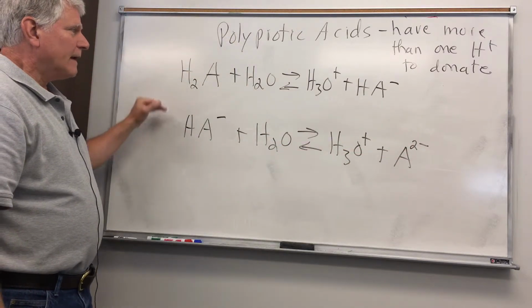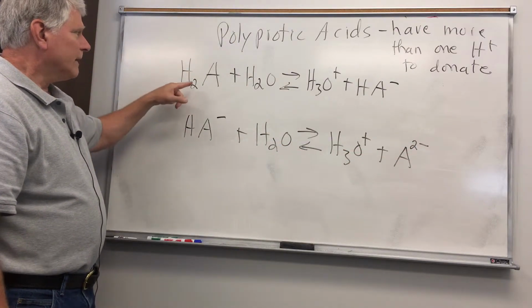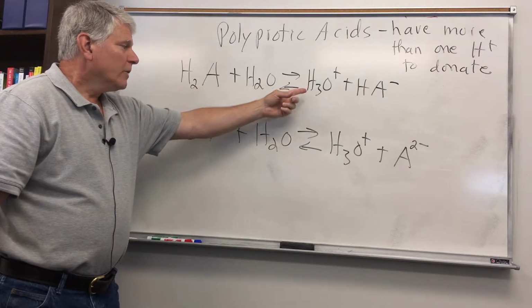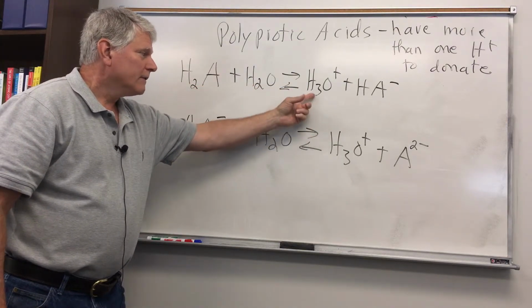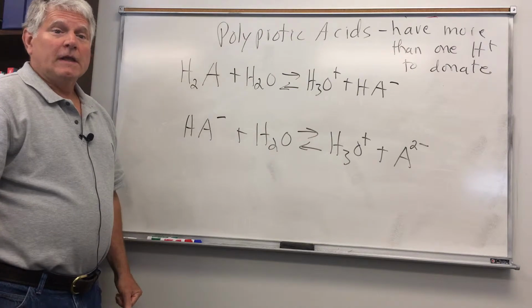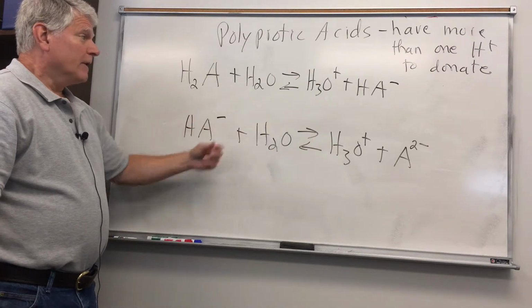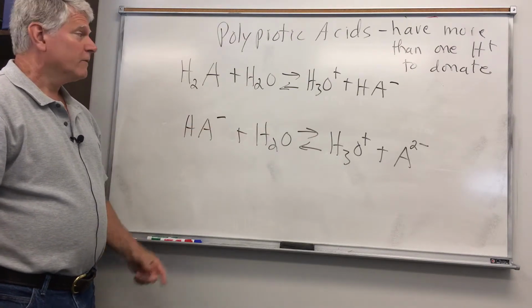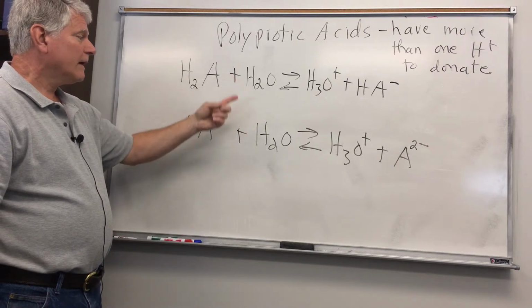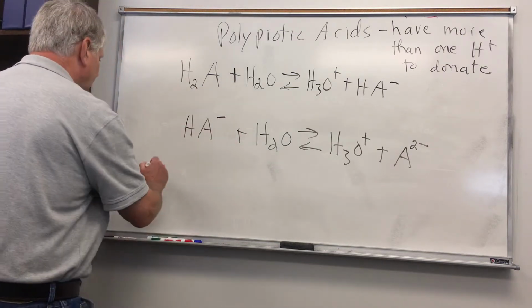So this is an example of a polyprotic acid where we can donate two protons to water, and so we have two reactions that can be in equilibrium with each other. So we can form a Ka for the first reaction and a Ka for the second reaction.